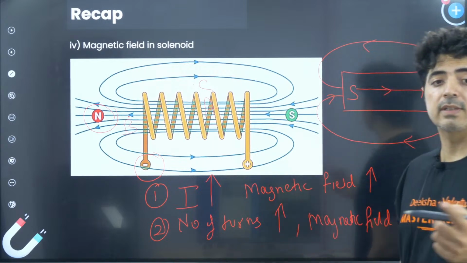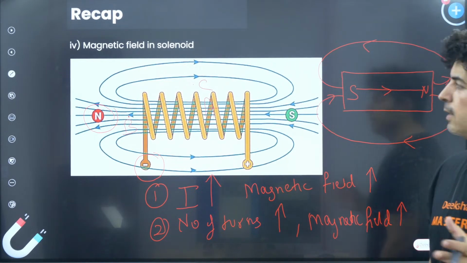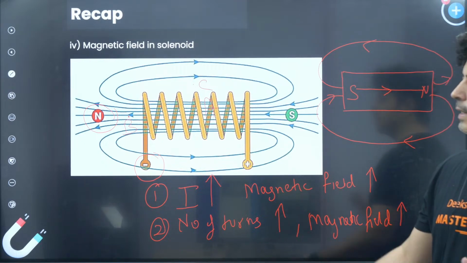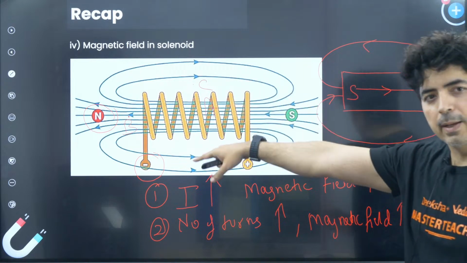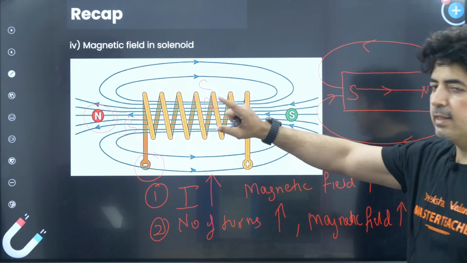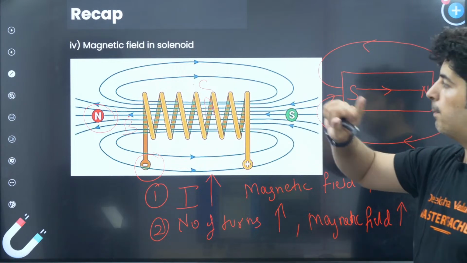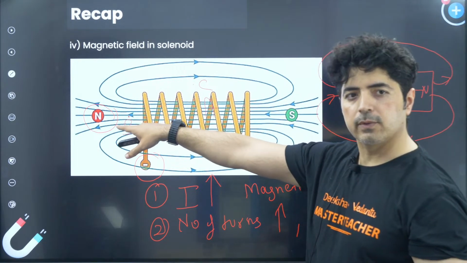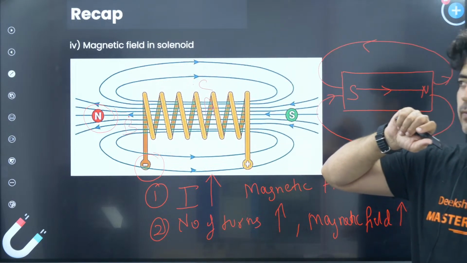This question was asked in, I think, the 2022 board exam, where they asked where the strength is maximum and where it is minimum. There were 3 points given. Point A is inside the solenoid, point B is at the pole of the solenoid, and point C is outside the solenoid, above this.